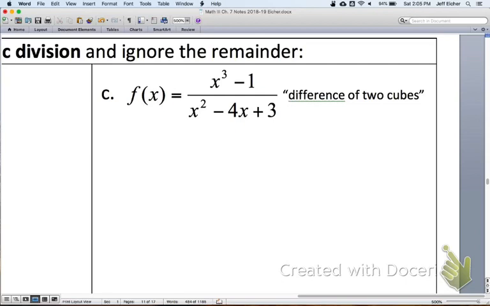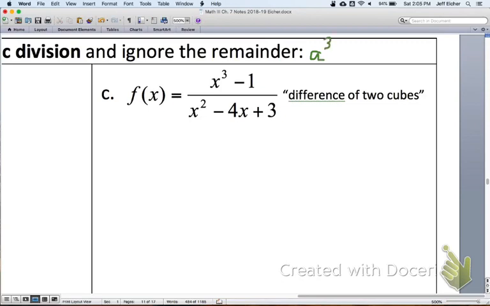You'll notice that the numerator is x cubed minus 1, and I have a little note here: difference of two cubes. So how will we approach this? Well, let's try to factor the top and the bottom. You may or may not remember the formula or the pattern.